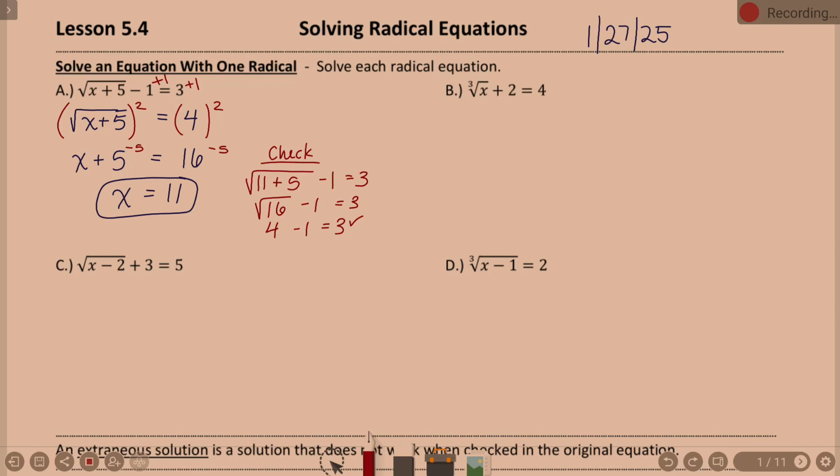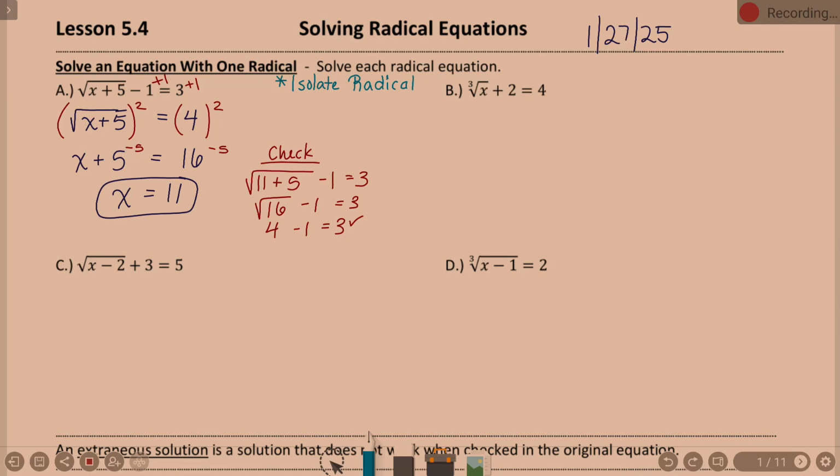So, your general rules. First rule is always going to be to isolate your radical. Notice right now we're just solving with one radical. I haven't gotten to a section that has 2 radicals in it. I think that's not till the backside, more likely tomorrow.